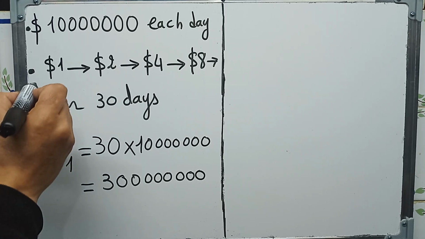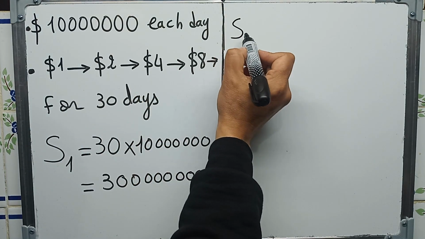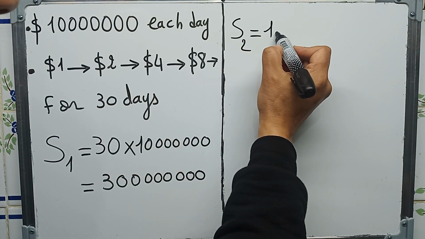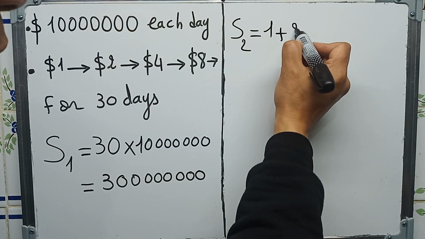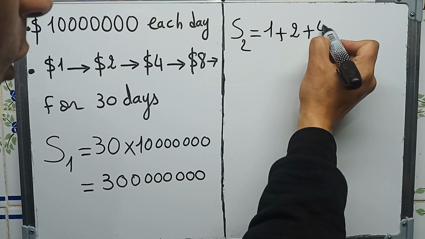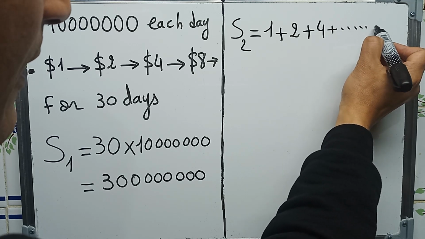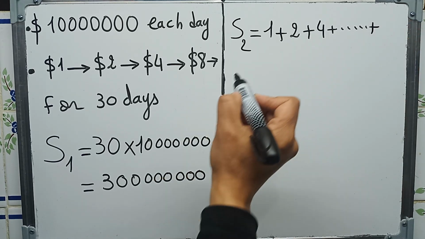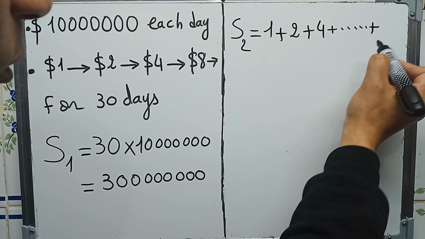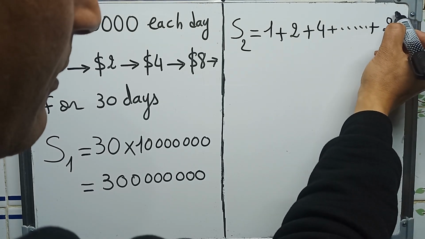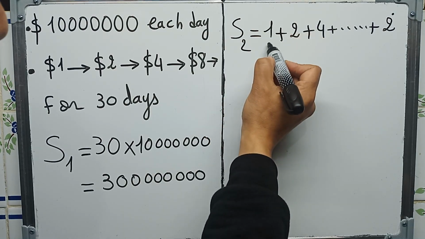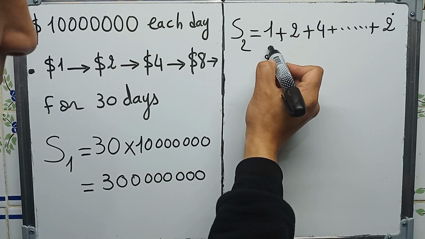So the second sum will be S2 equals $1, 1 plus second day 2 plus 4 plus until the last day. Now we must know what is the amount of the last day. So here we have powers of 2. The first day we have 1, which is 2 to the power 0.